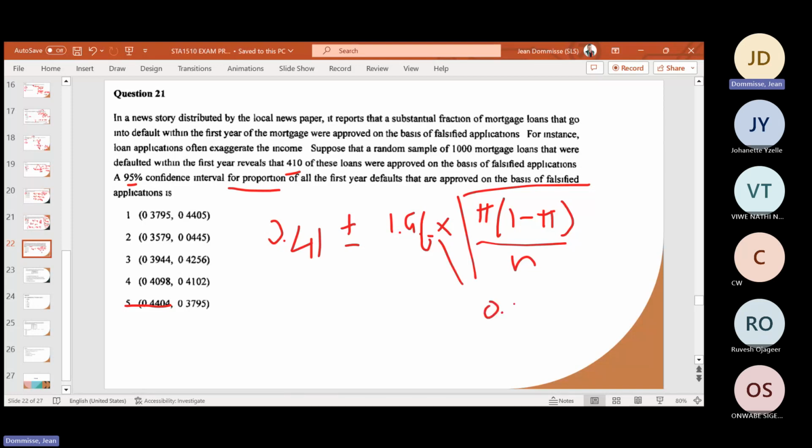So it is 0.41 times 0.59 divided by 1,000 and square root of that. So let's quickly check. 0.41 times 0.59, I get as 0.2419. I divide that by 1,000.